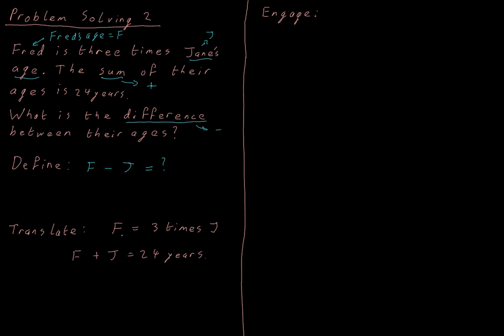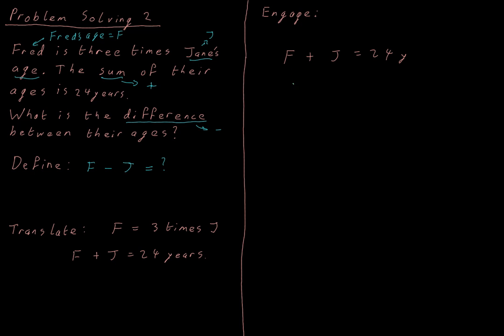Well, if I know that Fred is 3 times Jane's age, that means that if I add up Fred's age and Jane's age, I get 24. But I know that Fred is 3 times Jane's age. So this here, I could rewrite Fred's age plus Jane's age being equal to 24 years, Y for years.